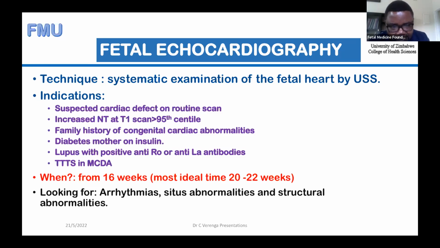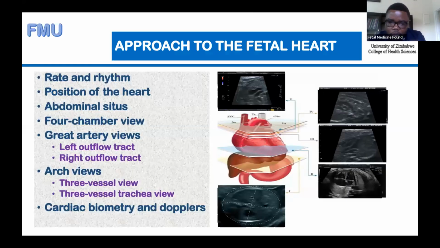during their normal scan. And what are we looking for? It's not just the structural cardiac defect. We also want to make sure that there are no arrhythmias, no situs abnormalities, and of course the structural defects of the heart. Whenever you are doing a fetal heart examination, always think of these things that you need to look for.